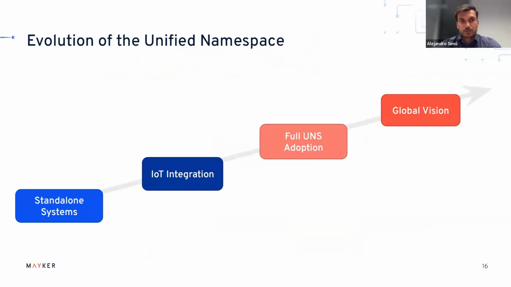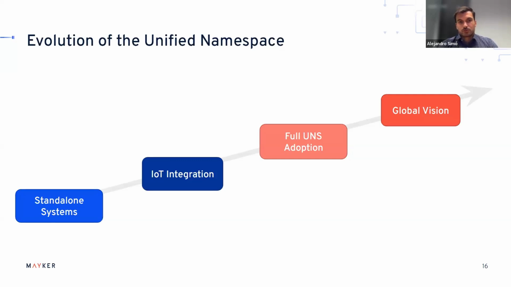And to put this in a framework that also shows the maturity of the unified namespace, in the first phases of the project, in the as-is part of the analysis, we also try to find out where in these different maturity levels the client is at each moment. We typically find that nowadays most companies are either in the bottom left with a standalone system, some IoT protocols but a lack of standardization, or somewhere close to the first IoT integration.